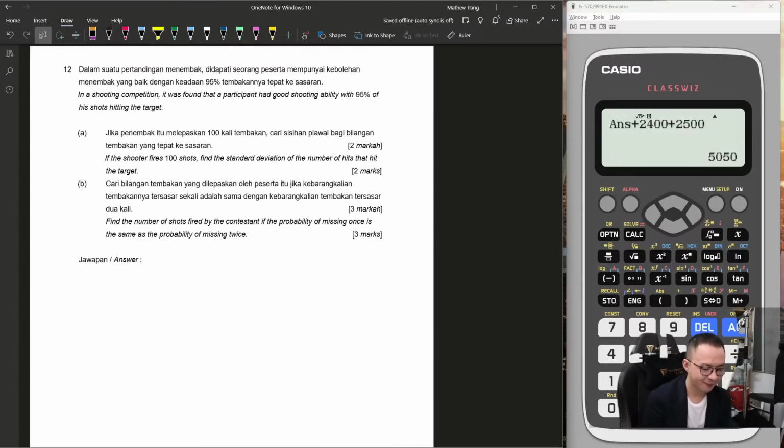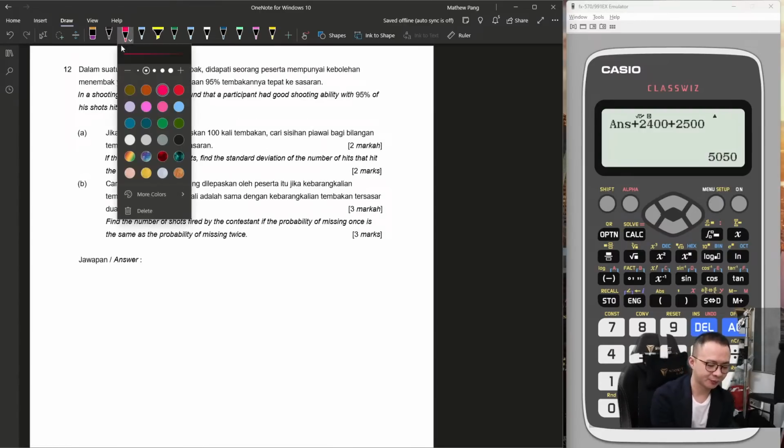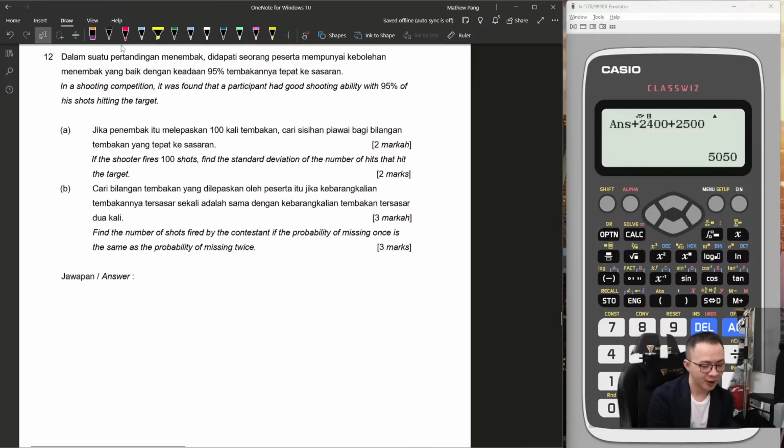12. In a shooting competition, it's found that the participant has good shooting ability, with 95% of his shots hitting the target. If the shooter fires 100 shots, n equals 100, then p is 0.95. Find the standard deviation.